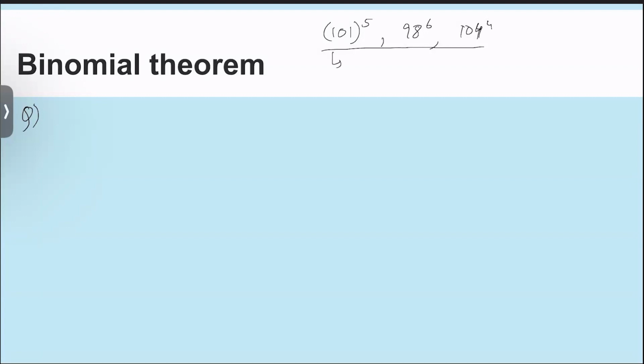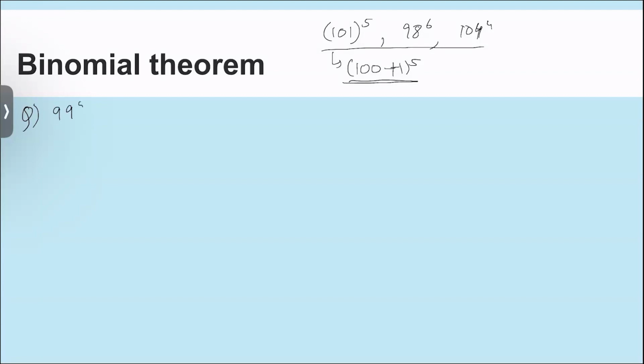And even if you write it in terms of this kind of expression, it will still be difficult if we do the general way, 100 plus 1 in brackets multiplied by itself 5 times. So then obviously we came to the coefficient concept. So let's try to solve using the coefficients and see if it is easier for us in that sense.